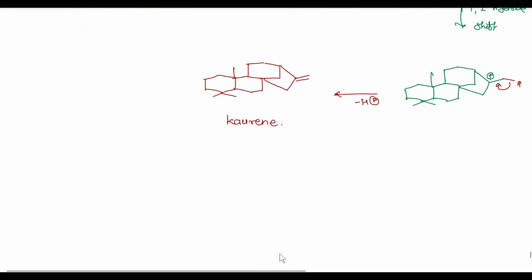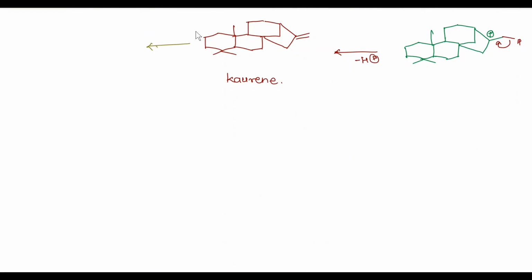So the next step, sequential oxidation of this methyl group to the carboxylic acid via alcohol and aldehyde. So we get here CO2H, that is carboxylic acid, and this compound is called kaurenoic acid.